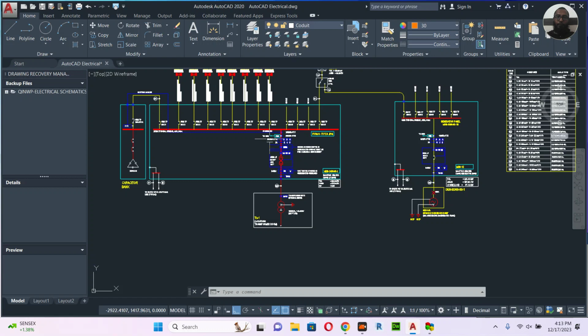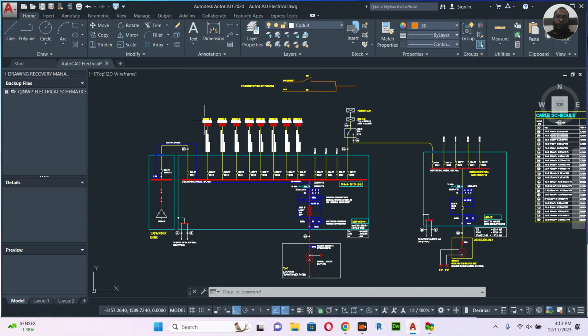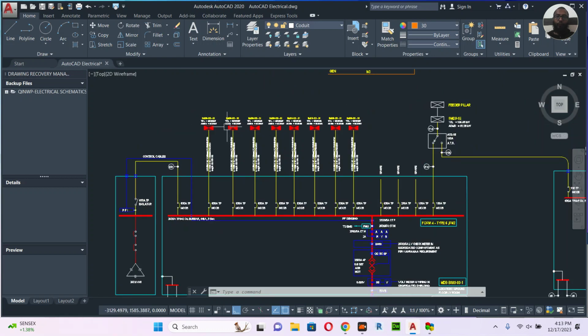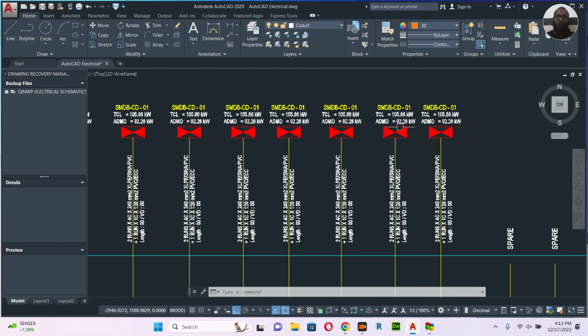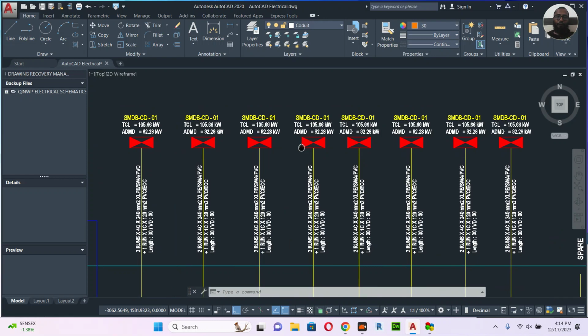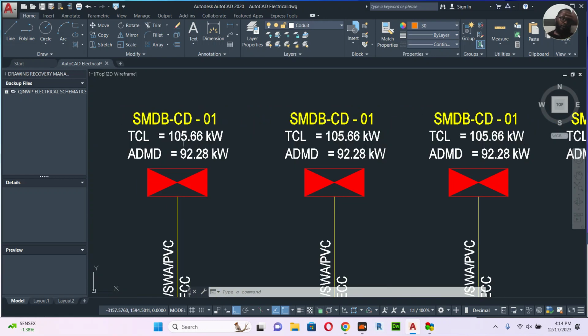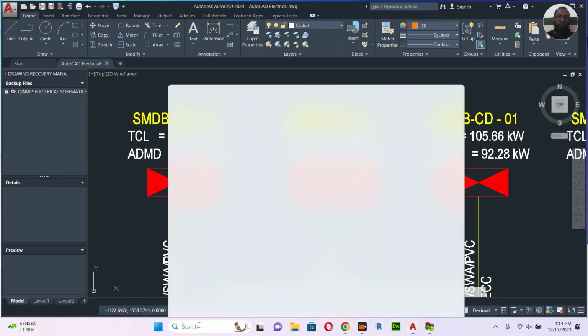So here I have 8 panels. 1 2 3 4 5 6 7 8 panel. So 8 panels, they are similar panels. So this is total connected load. It will be multiplied by 105.66. So let's go to the calculator.